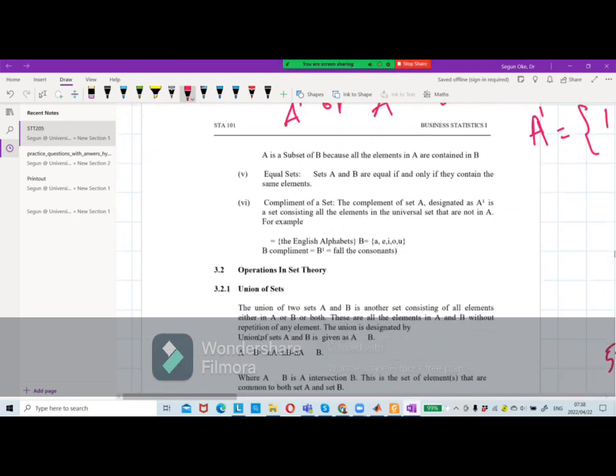They are very key. So let's look at the union. I will be using examples to explain some of those things. We have what we call a union of sets, and we can look at the definition of the union of sets.